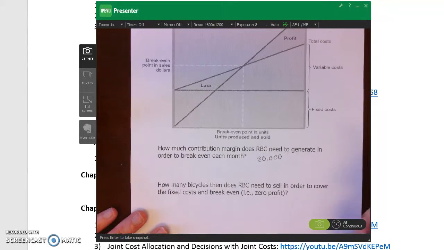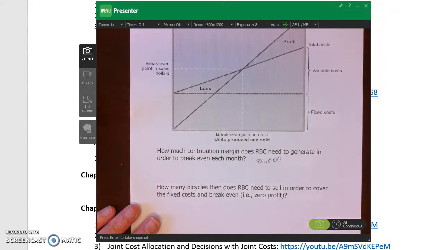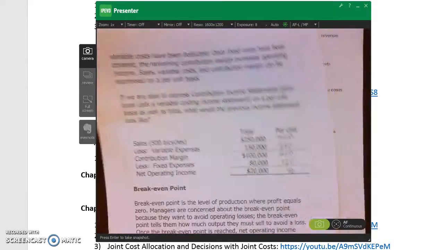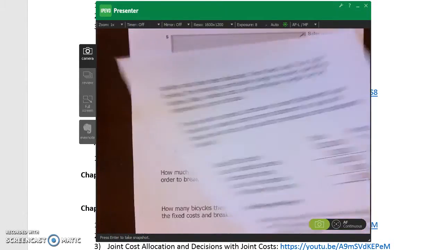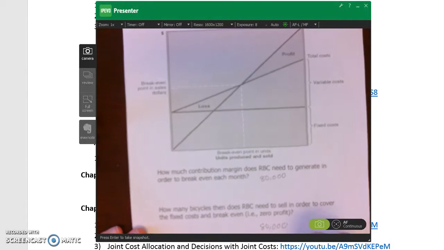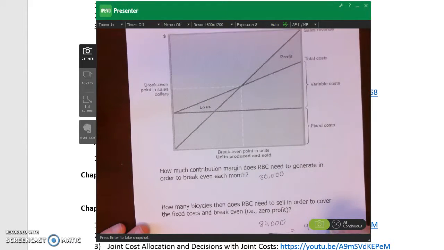So the question becomes, back to our question, how many bicycles then do we need to sell in order to cover our fixed costs and break even to get 0 profit? Well, I need to have $80,000 worth of contribution margin. Each bike gives me $200 worth of contribution margin. I can divide that by my 200, which means I need to sell 400 bikes.